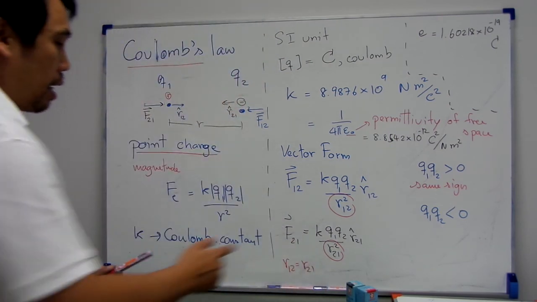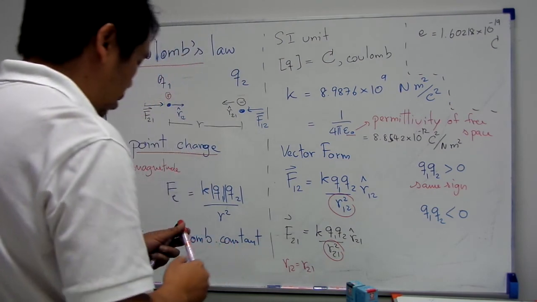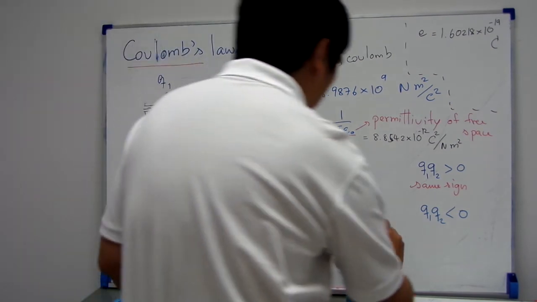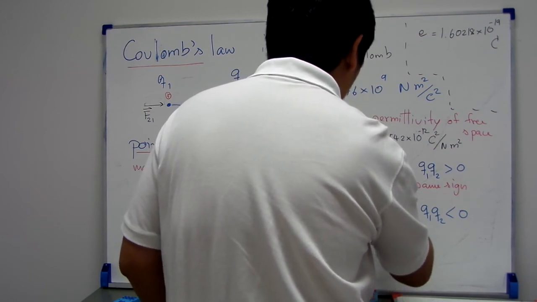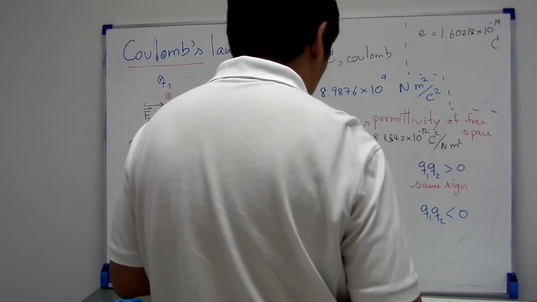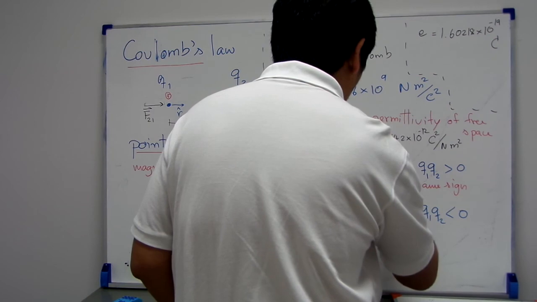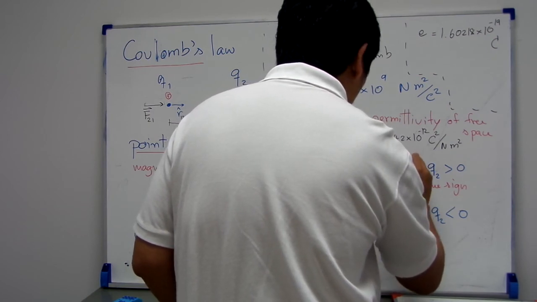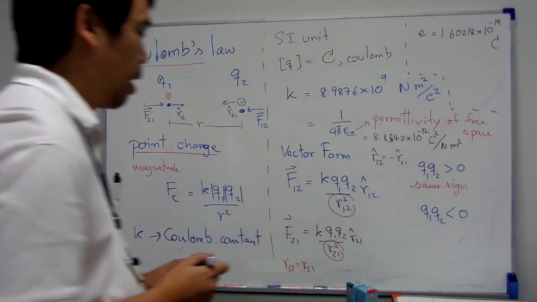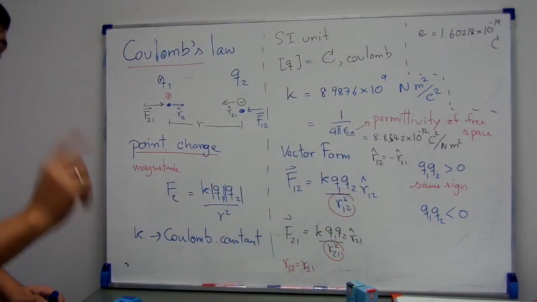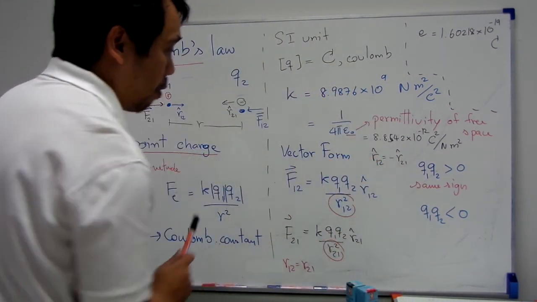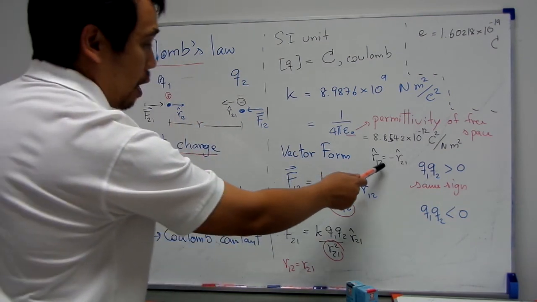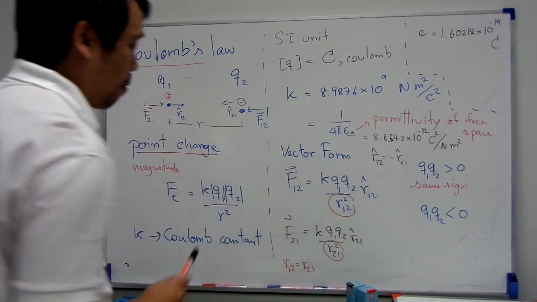But the unit vector R12 is equal to minus the unit vector R21. Their magnitudes are the same, equal to 1 because it's a unit vector, right? But the directions are opposite. So R12 is the minus of R21.